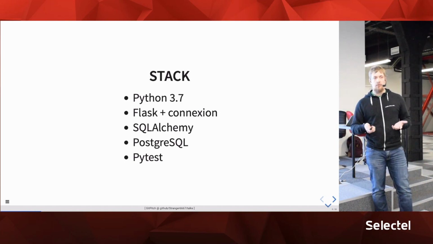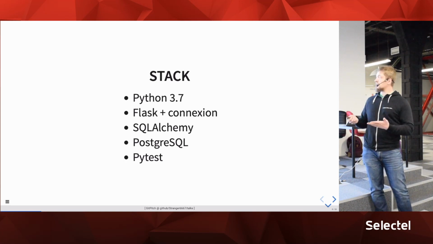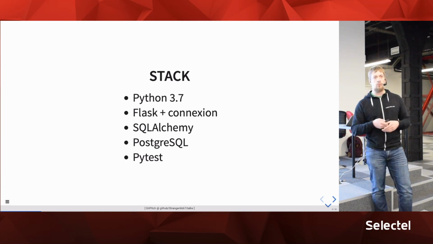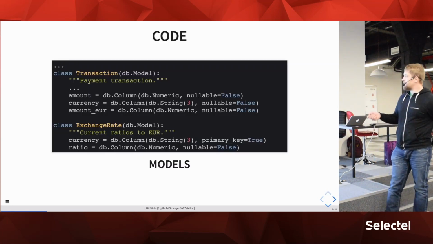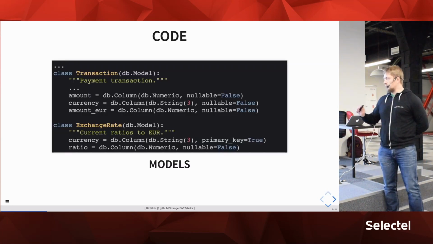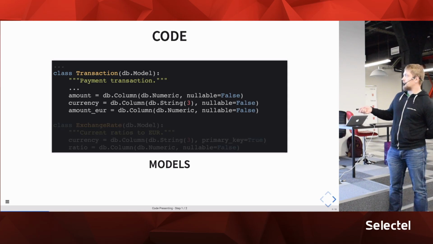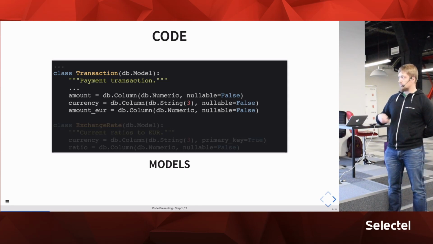We have Python 3.7. We use Flask and Connexion. Connexion is a tool for working with OpenAPI schemas. SQLAlchemy, PostgreSQL, and pytest. So our modules are super simple, and we have transaction, for example.